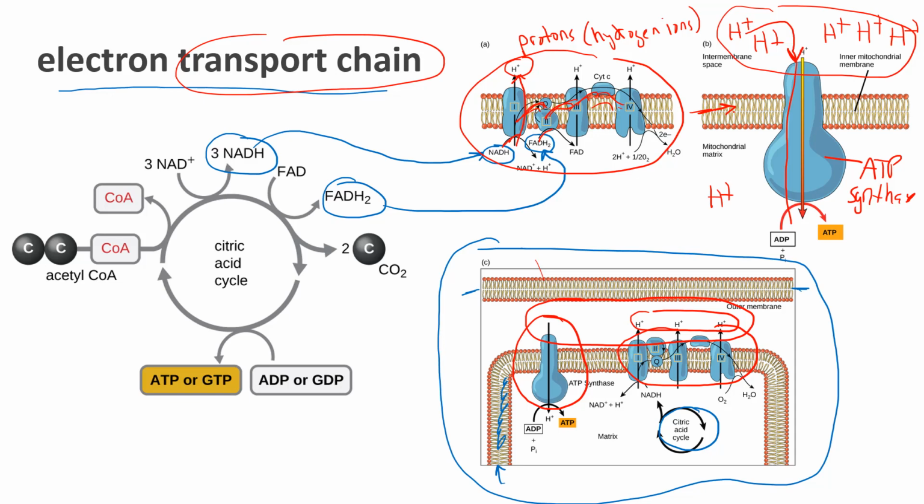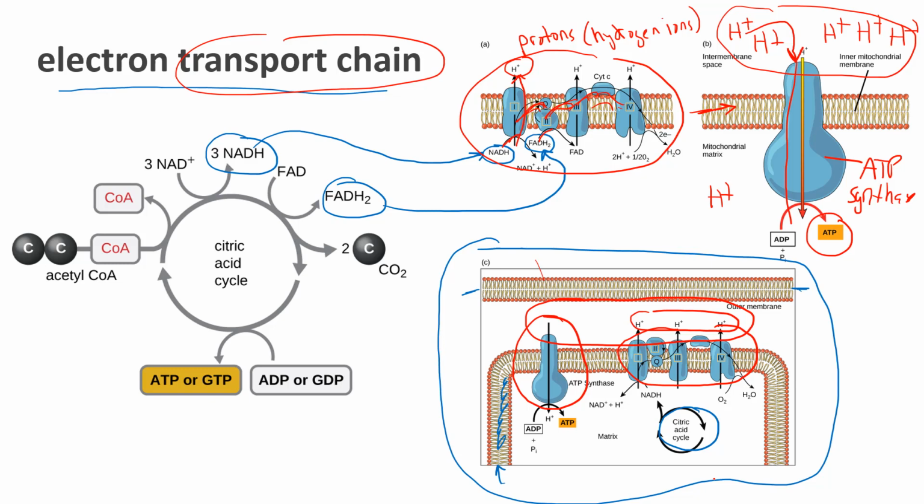So you could think of the inner mitochondrial membrane as the dam. You can think of the ATP synthase molecules embedded in the membrane as the turbines. Instead of water flowing through ATP synthase, hydrogen ions, these protons, flow through it, and instead of electricity being produced, ATP is being produced, right?